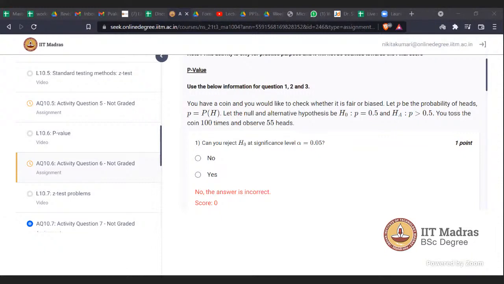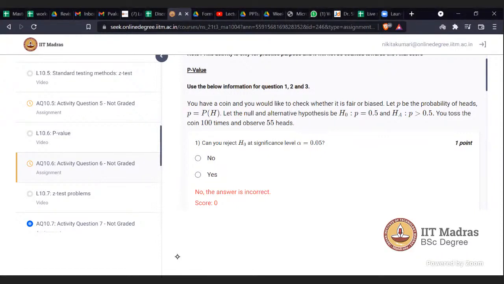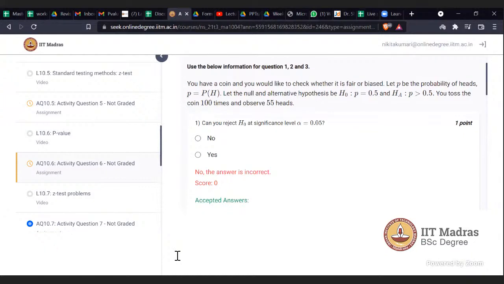So what is alpha? The first question is, again, you will have to find the critical value and check. The first problem, are we using p-value?